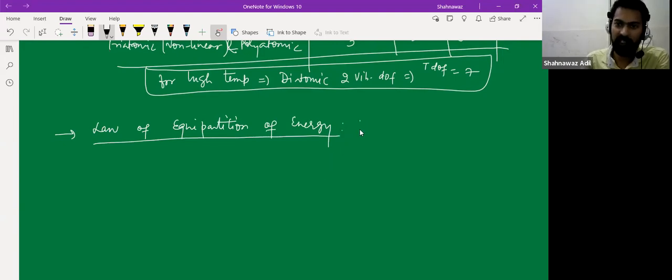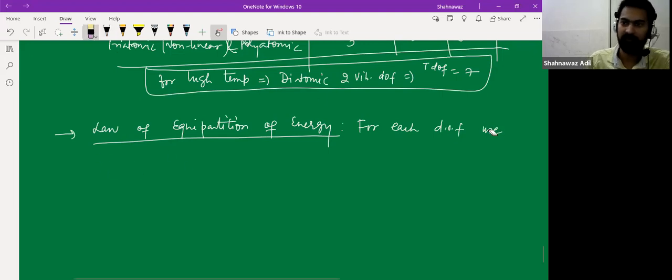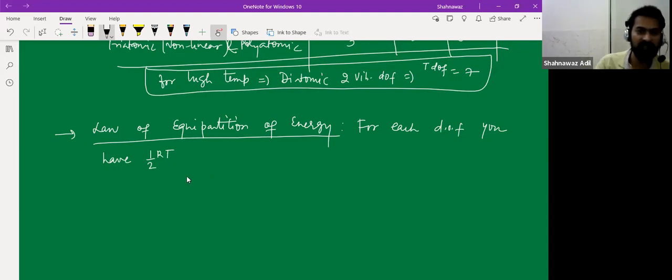This says that for each degree of freedom, you have 1/2 RT per mole kinetic energy, or you have 1/2 kT per molecule kinetic energy associated with it.